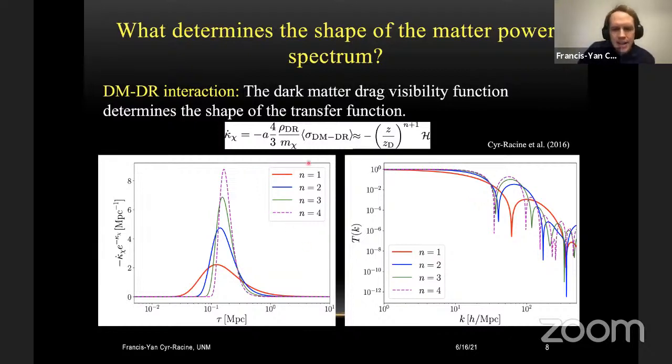So the n here that I have in the legend corresponds to how fast this interaction rate, the momentum transfer rate, if you want, between the dark matter and the dark radiation scales with the redshift or the scale factor describing the expansion of the universe. And a faster rate compared to the Hubble rate corresponds here to a larger n and a narrower visibility function.